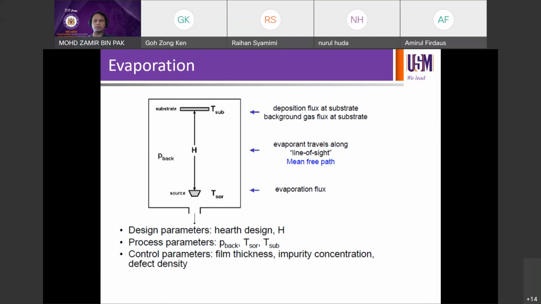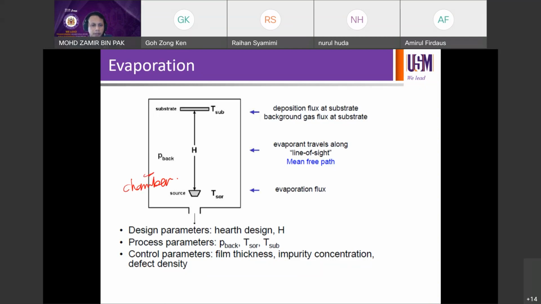So this box that you can see here is actually the chamber, the chamber space that you have in order to run the evaporation process. This whole box is the chamber to host the process.